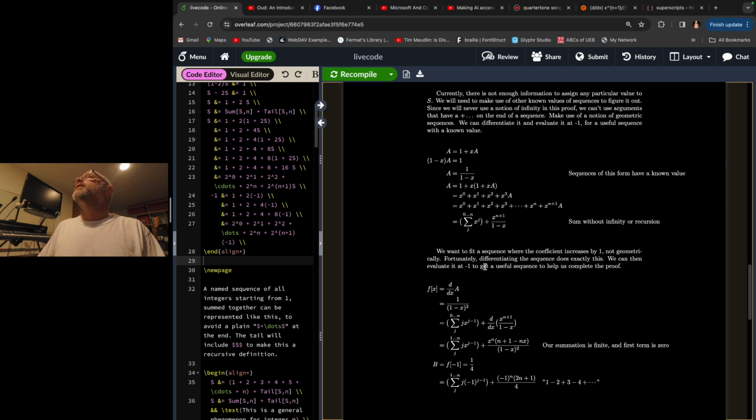Okay, so currently there's not enough information to assign any particular value to s, right? So we will need to make use of other known values of sequences to figure it out. Since we never use the notion of infinity in this proof, we can't use arguments that have a dot dot dot on the end of a sequence. That's something I want to hammer home a lot.